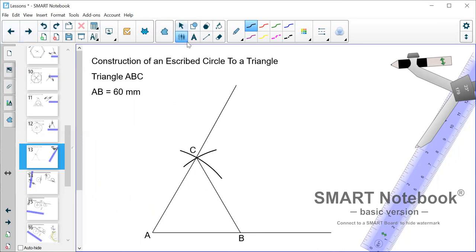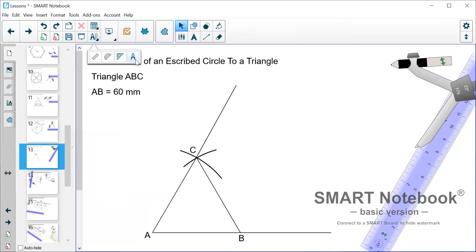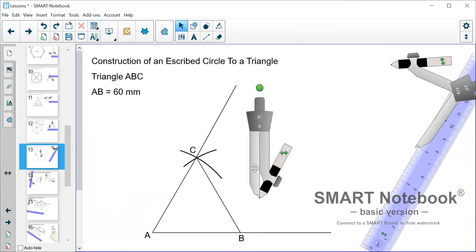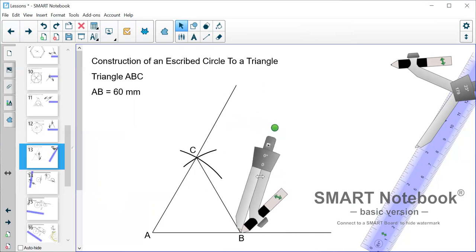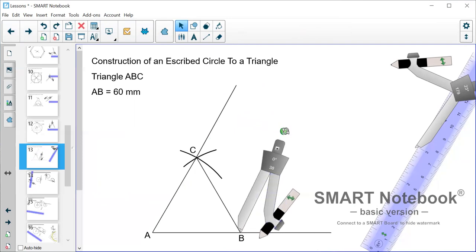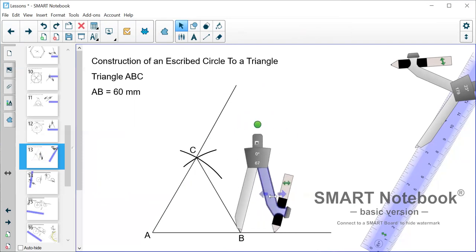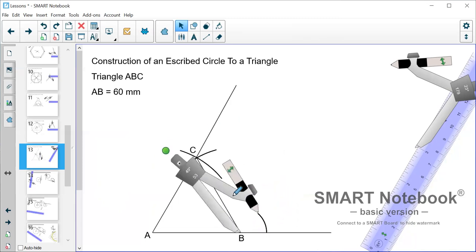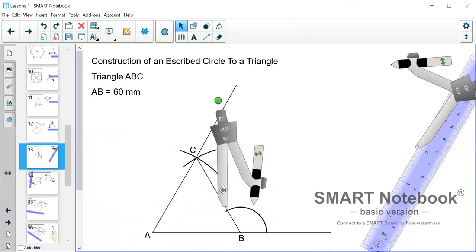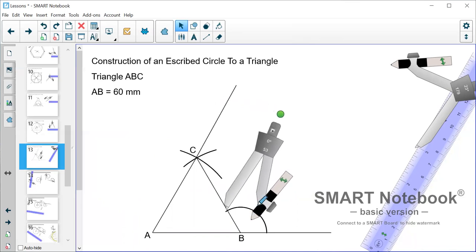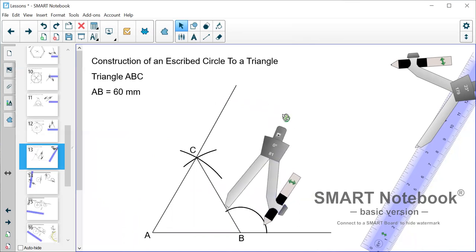I'll take you through the steps in how you bisect, though of course I won't go into detail. I'll just demonstrate how it's done. Bisection of an angle is something you should already have knowledge of. Bisection of an angle simply means that we are looking for the center of the angle, or dividing the angle in half.